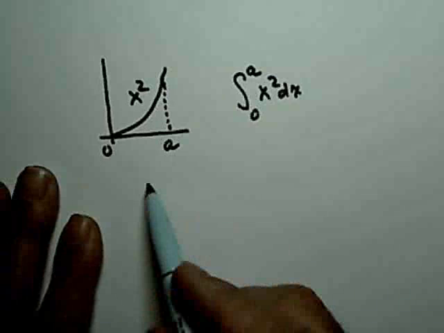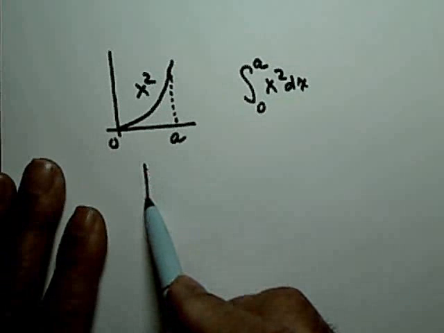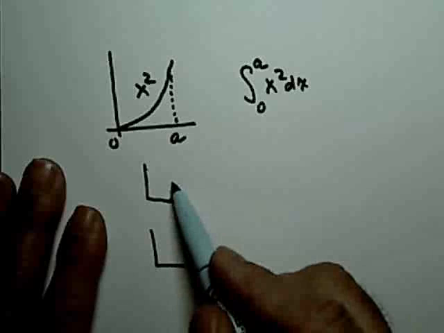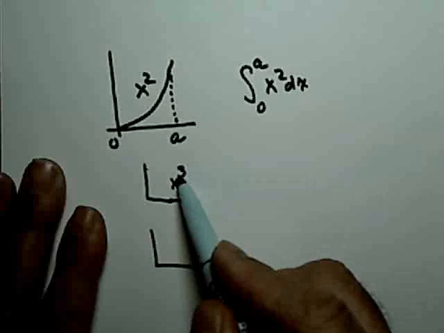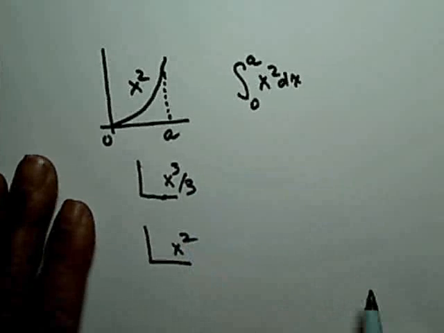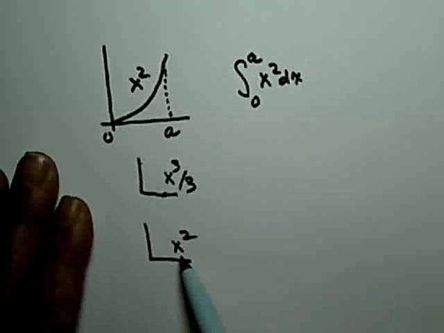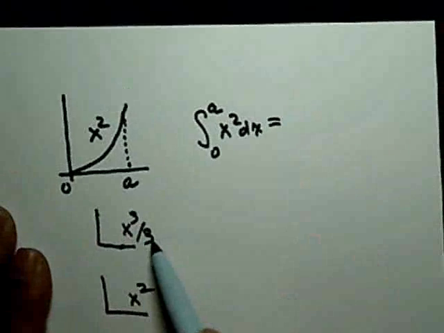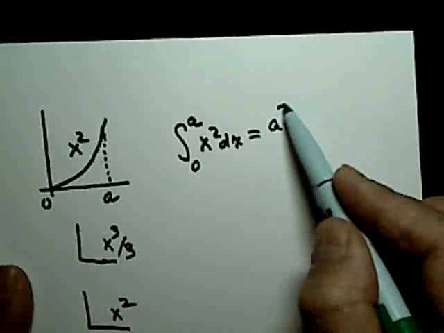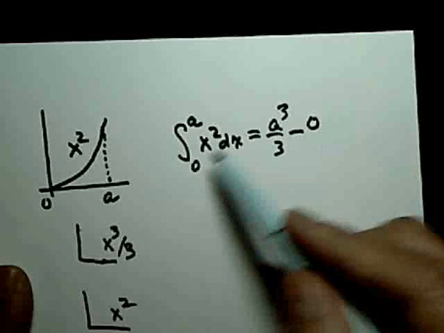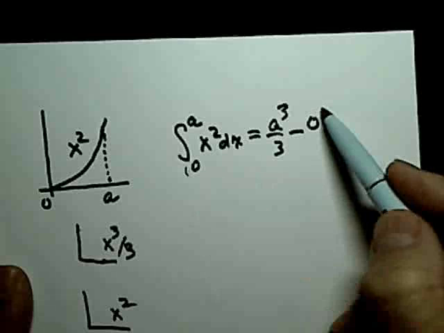So we go to our table of antiderivatives, or our table of derivatives, and we start searching through it. And we find up here that if we have x cubed divided by 3, its derivative is x squared. Well, that means then that we can evaluate this integral by just taking the antiderivative x cubed over 3 and plugging in a, and subtracting, plug in the first limit, which is 0.